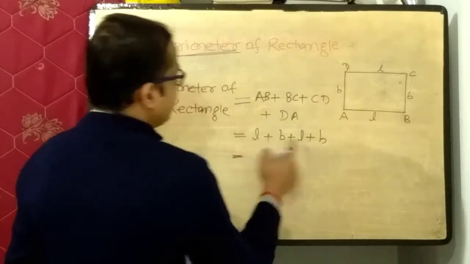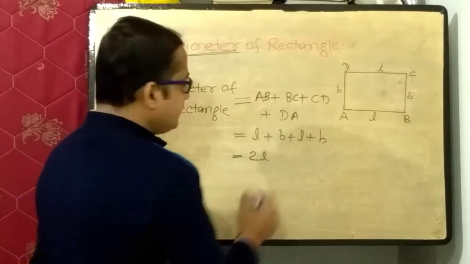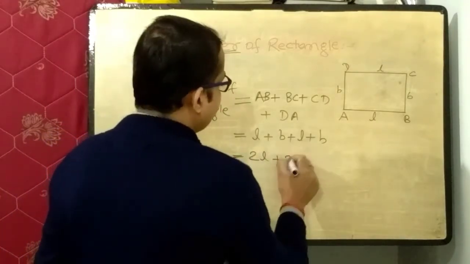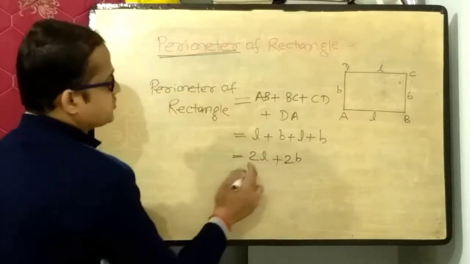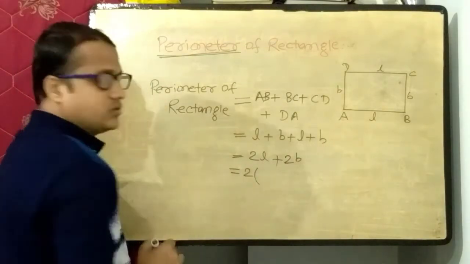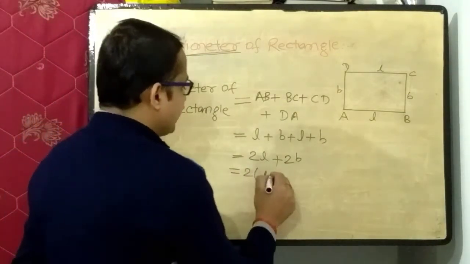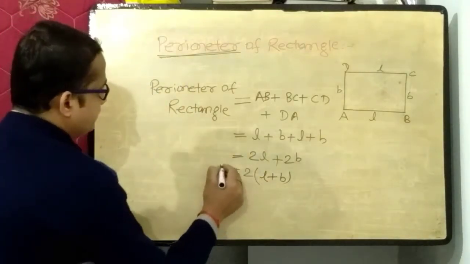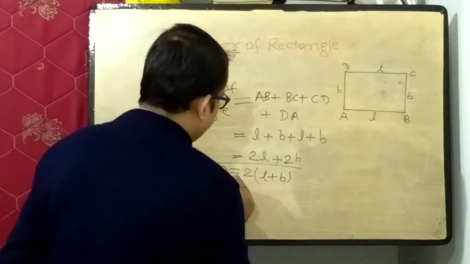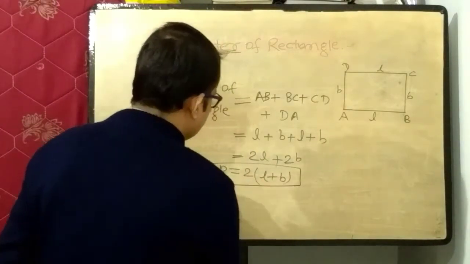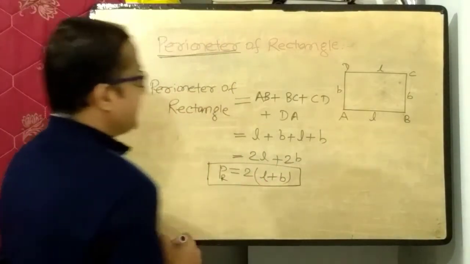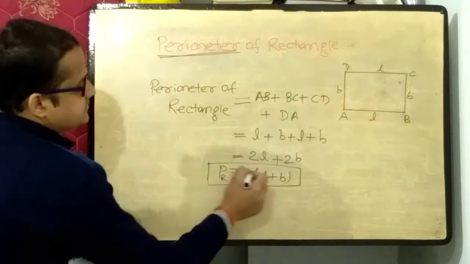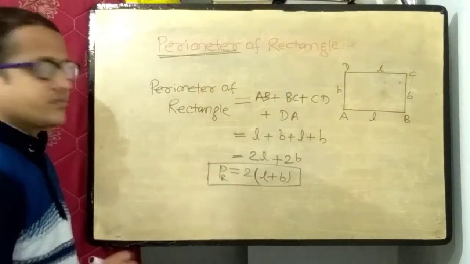B. That means L add up L, twice L, add up B add up B, twice B. 2 is common in both terms, so take 2 as common. You will get L add up B. So the perimeter P of a rectangle equals twice multiplied by, in brackets, length add up breadth.